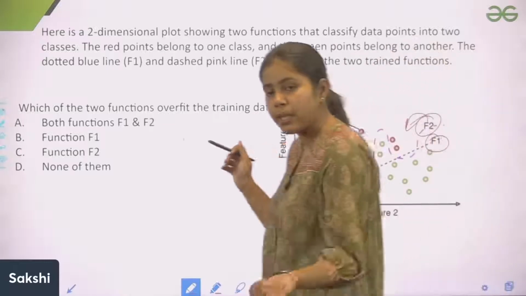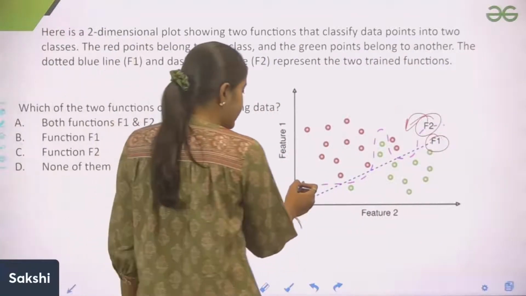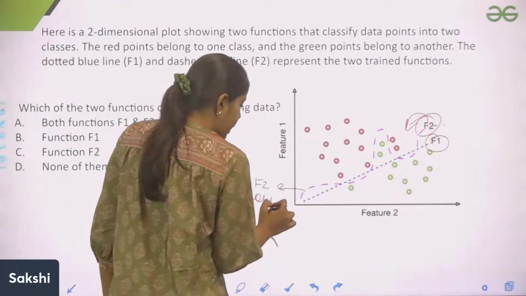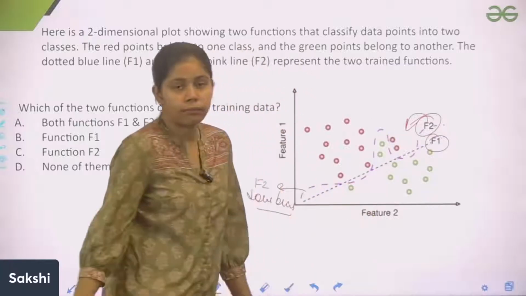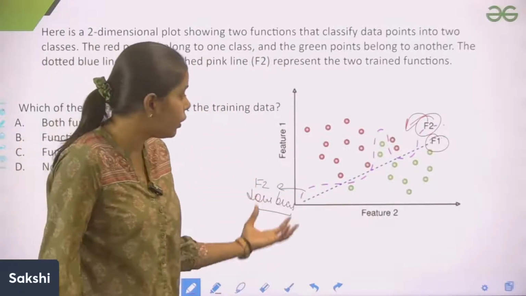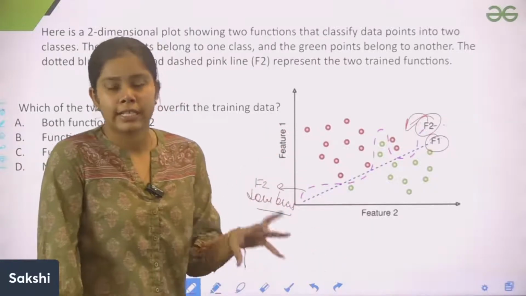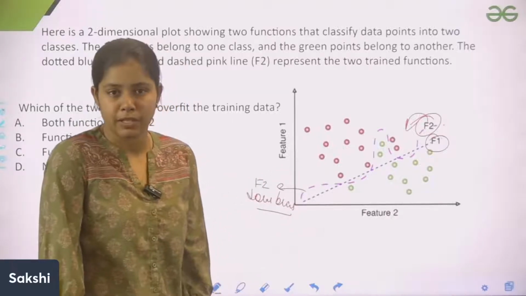So in this case we have low bias for F2, and because of this low bias, this model would only work on my training data. If I give different data sets for testing, it would give different results, right?